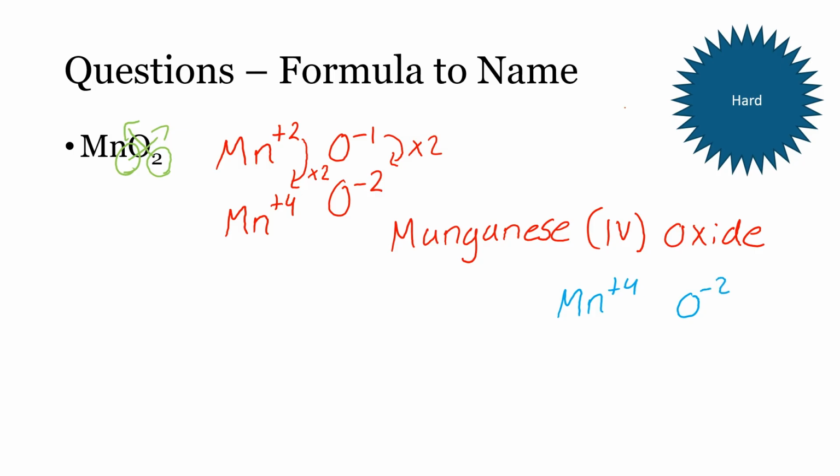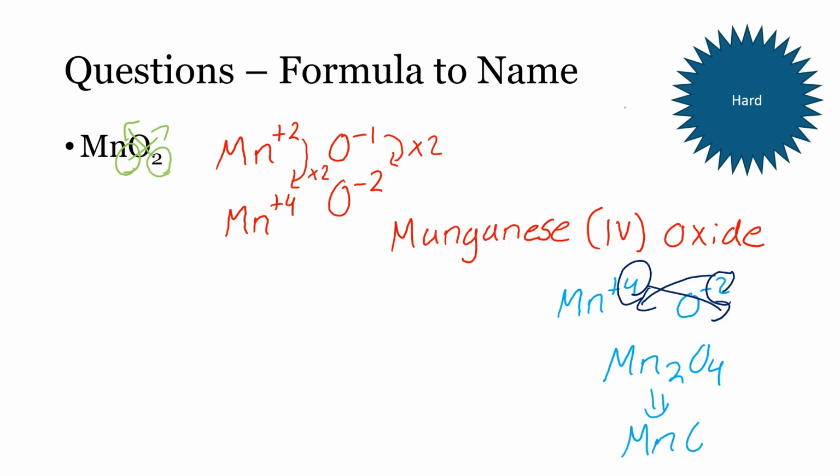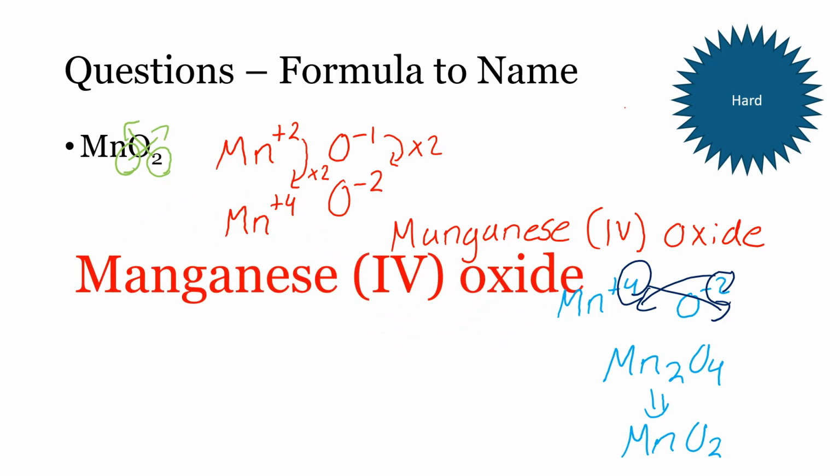Crossing these down, we are going to end up with Mn2O4, and then 2 and 4 are able to reduce down to 1 and 2. So reducing this down gets us to MnO2, which is the correct formula that we started with. And so we know for sure that manganese(IV) oxide is the correct name.